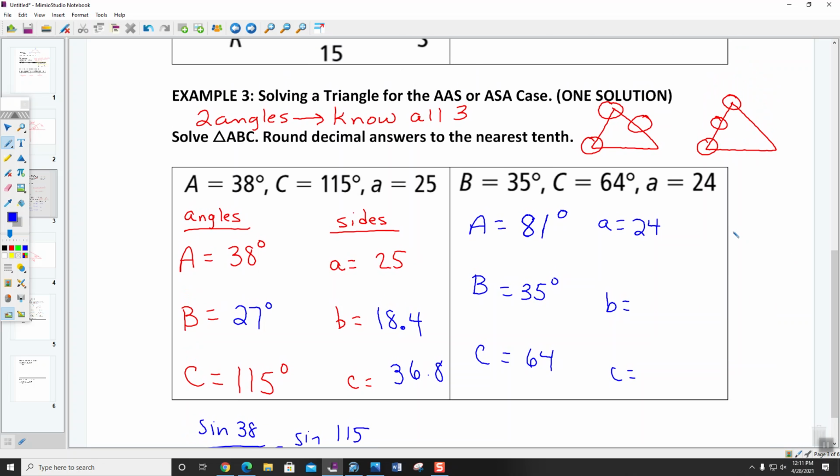Anybody got side B yet? Yeah. What was side B? 13.9. 13.9? Are we in agreement, kids? Yeah. Do I need to go over it? No. Anybody got side C yet? Not yet. 21.8.